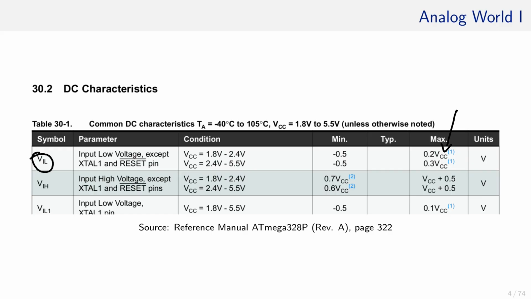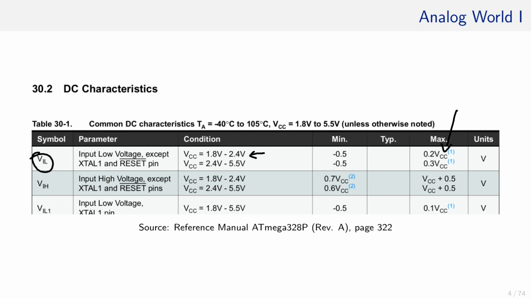If the ATmega is supplied with a voltage between 1.8 and 2.4 volt, logic 0 ranges from minus 0.5 volt to 0.2 into VCC.